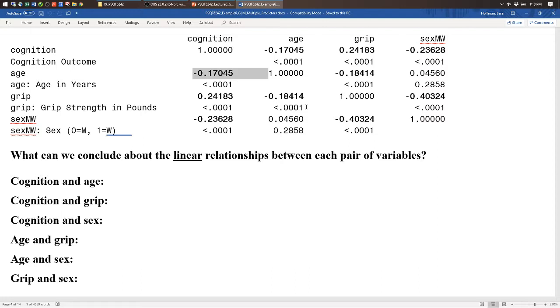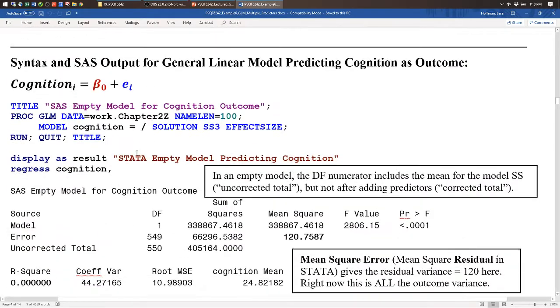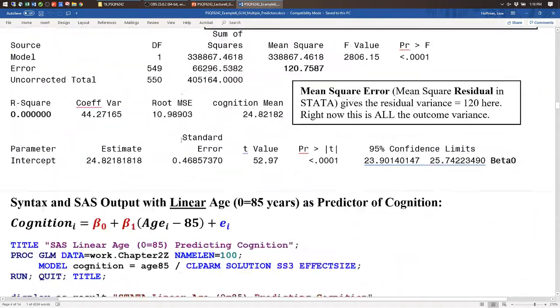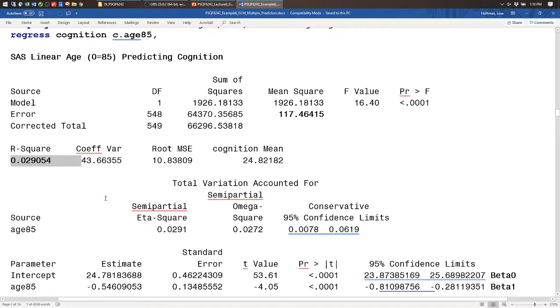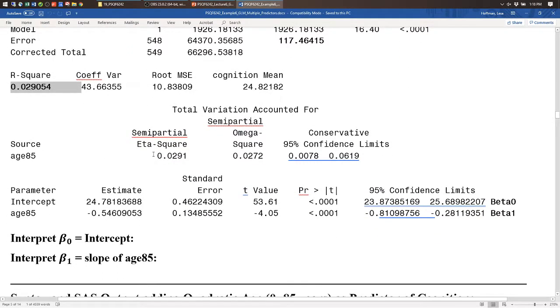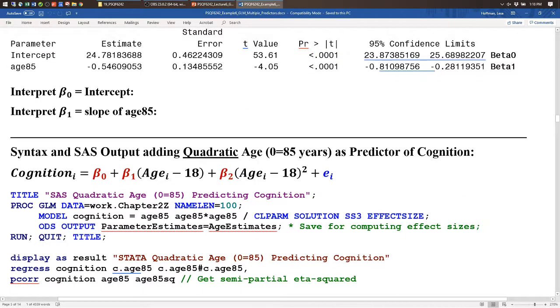If you take this R and square it, you get R square. It's not a coincidence. So yeah, 0.17 and some change squared is that. So technically speaking, I did not need to run this model, but I'm just showing you, reviewing that you know how to do these things.